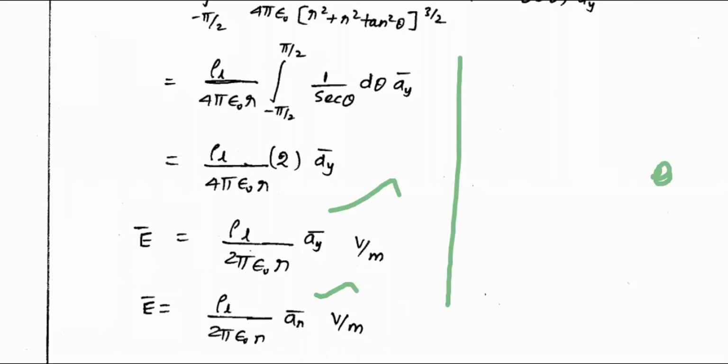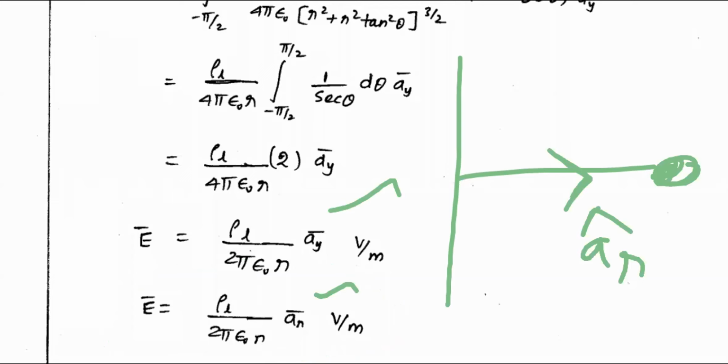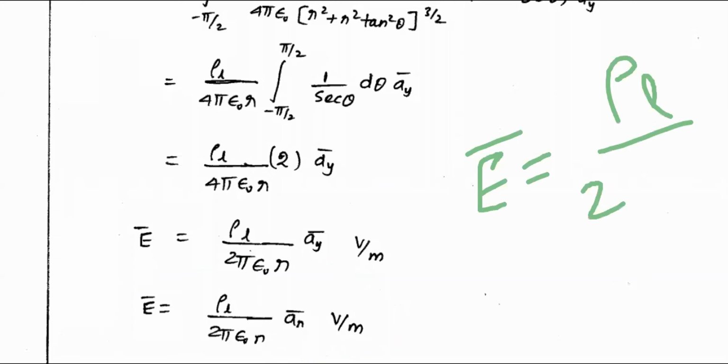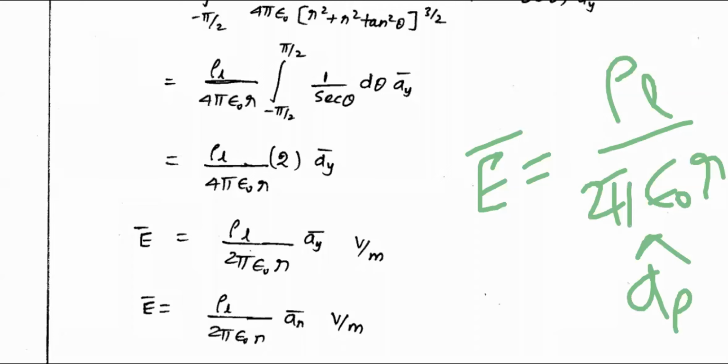They have chosen a point here, because once you are here, your vector will be here only. But if you go along the surface of that cylinder, your vector will change. So in a generalized format you can put it like this: E = ρ_L / (2π ε₀ ρ) a_ρ.